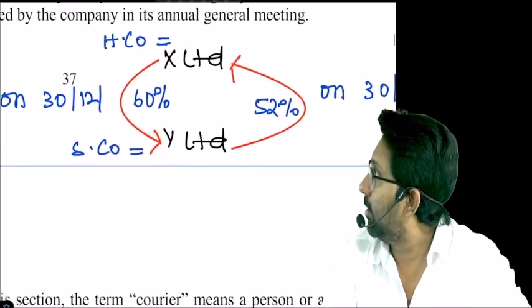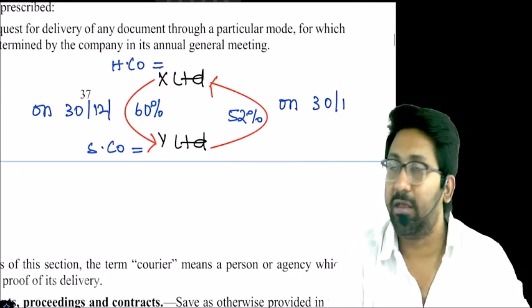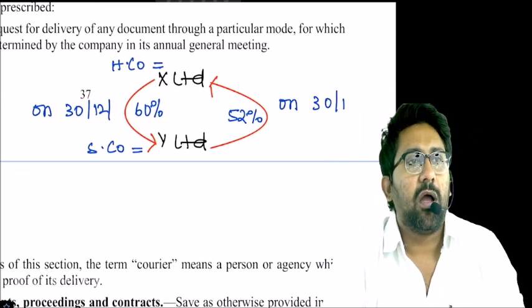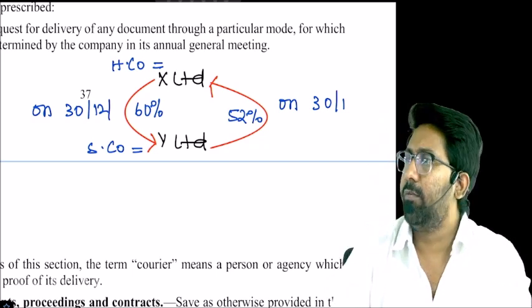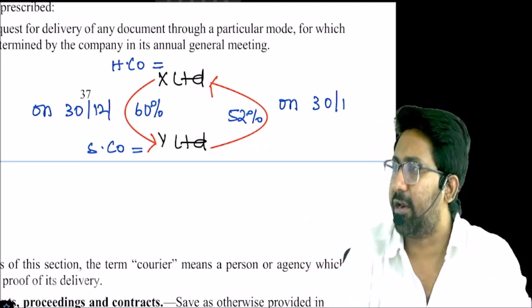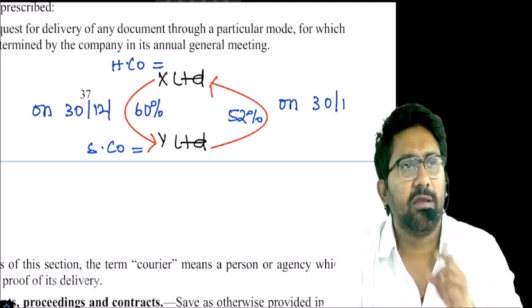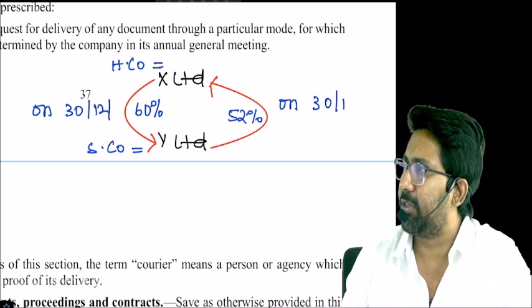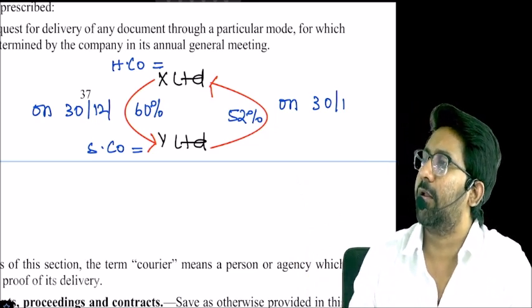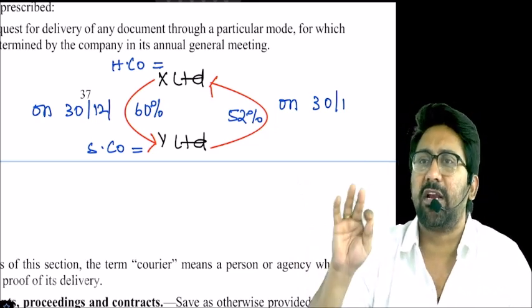You held 60 in me, I held 52 in you, automatically I am subsidiary, you are also a subsidiary to me. So that possibility should not be there. Either only one should be holding, another should be subsidiary. One parent company, one child company should be there. Clear everyone?